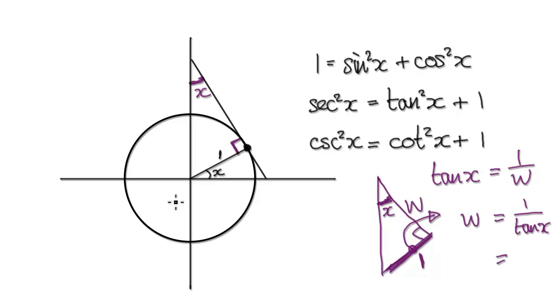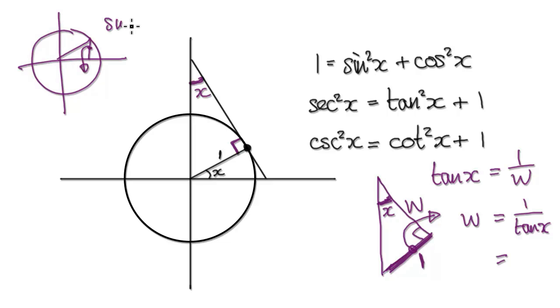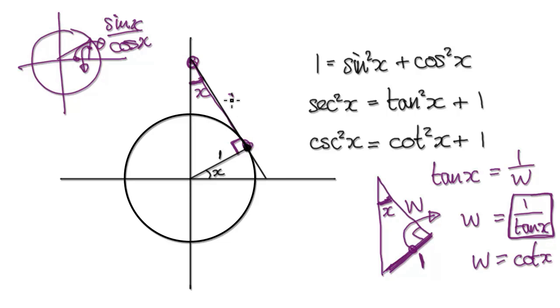Tan normally is sine x over cos x. So 1 over that would be cotangent. So going the other way would be cotangent. The point is, we've seen this in one of the earlier videos. 1 over tan x is actually cotangent of x. So this length here, from here to here, is actually cotangent of x.